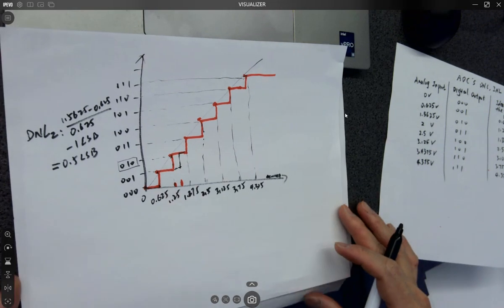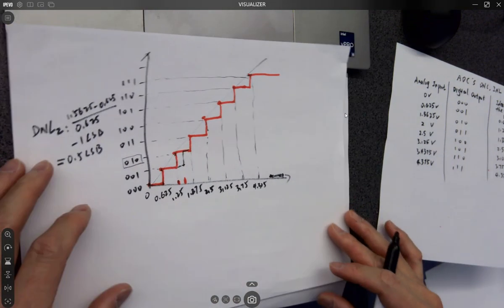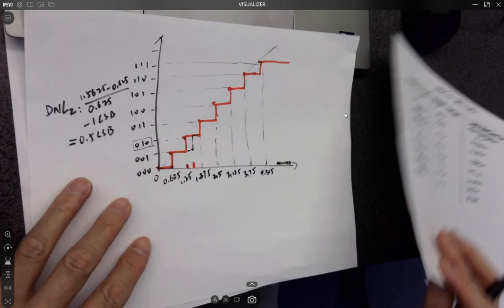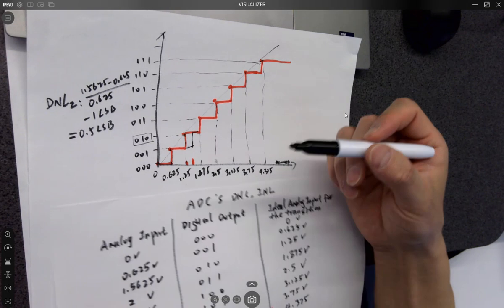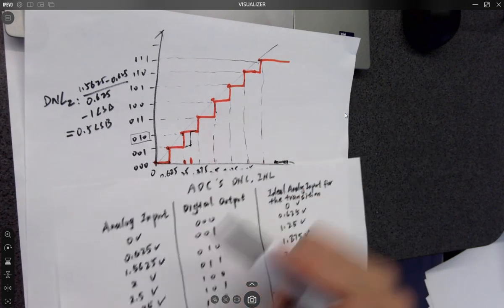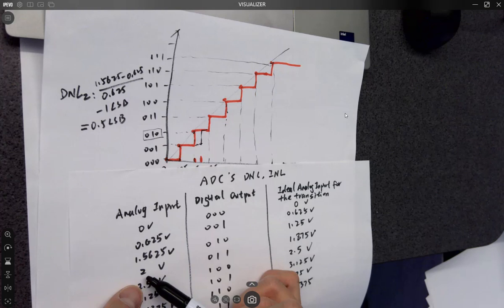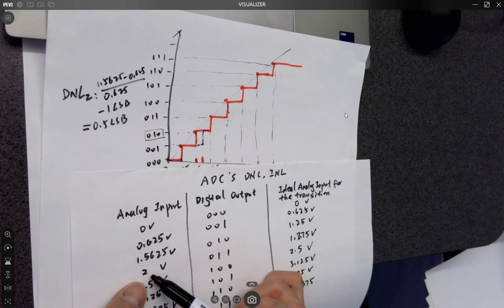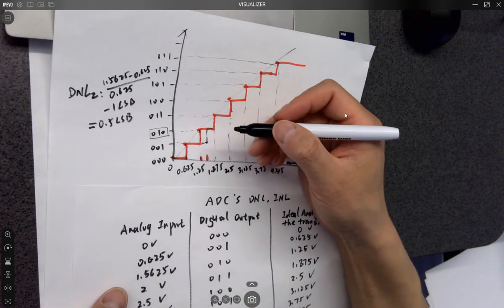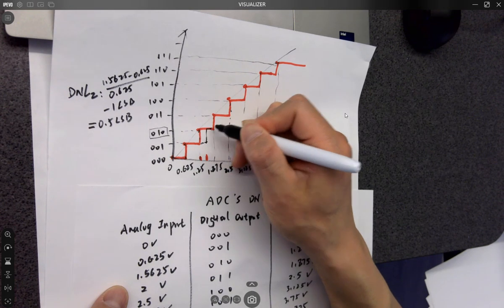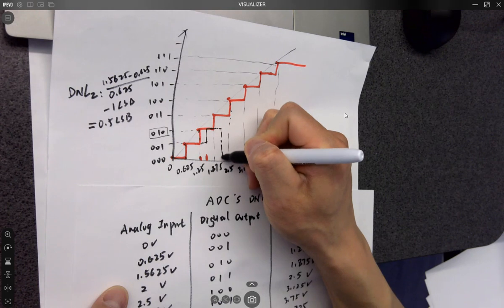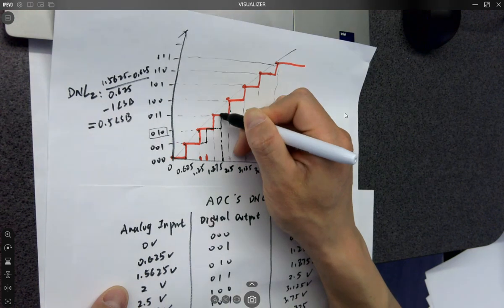Do you have another DNL? So keep going. Another transition happens at 2 volts. So it's actually here, right? So it goes through here, 2 volts. And then jump.